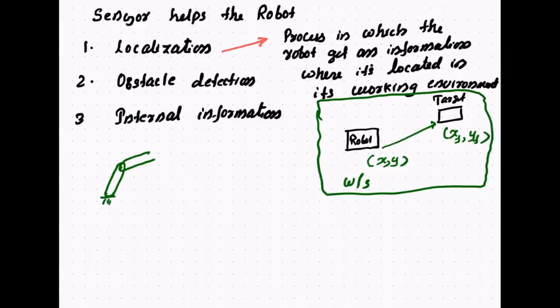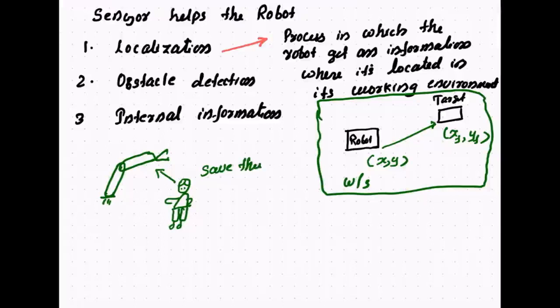Now the second one, obstacle detection. Consider an industrial robot deployed for some work in an industry, and the robot is in its working cycle without knowing that the operator of the robot is approaching the robot.